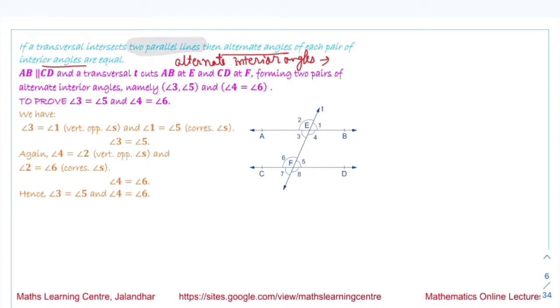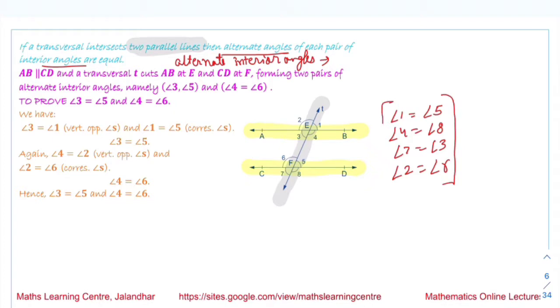So again we are considering two parallel lines AB and CD. A transversal T is given to us and we have marked the angles over here. Now from the axiom we know that, because both these lines are parallel, angle 1 is equal to angle 5, angle 4 is equal to angle 8, angle 7 is equal to angle 3, and angle 2 is equal to angle 6.